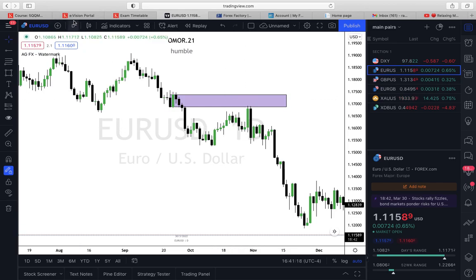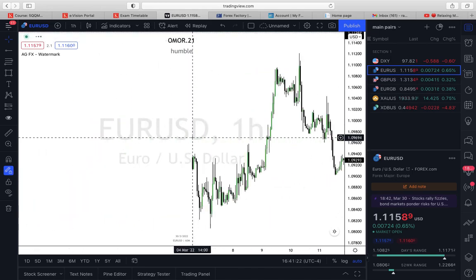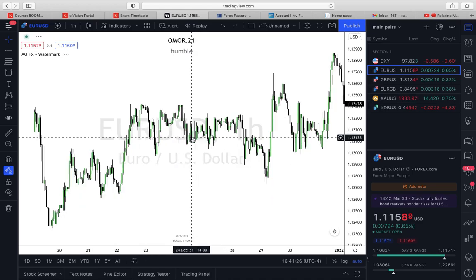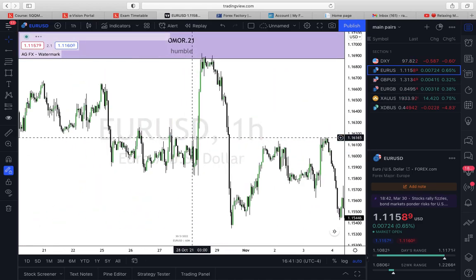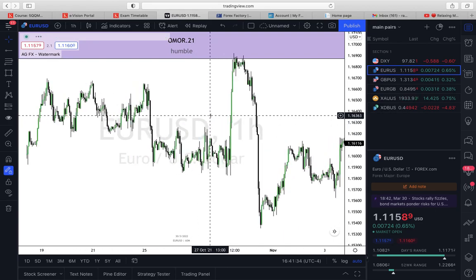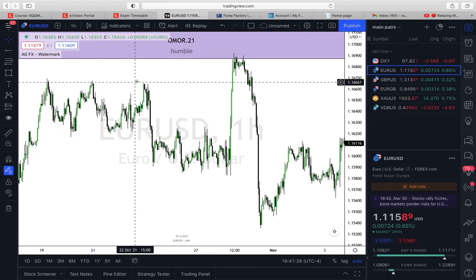28th of October. Let's go on an hourly chart, 28th. December, November. So what happened? Look at all these highs there. All of these relatively equal highs. 1, 2, 3.